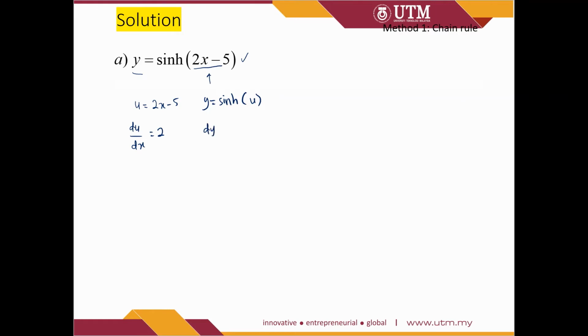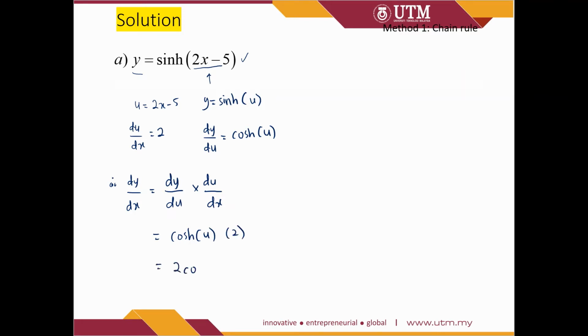So our dy over du would be cosh of u. Therefore, to find dy over dx, it will be dy over du times du over dx, which is cosh u times 2, and then we substitute u, which is 2x minus 5. So that's how we solve using the chain rule.